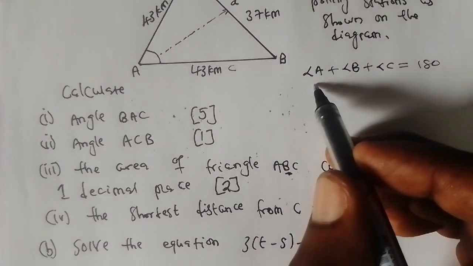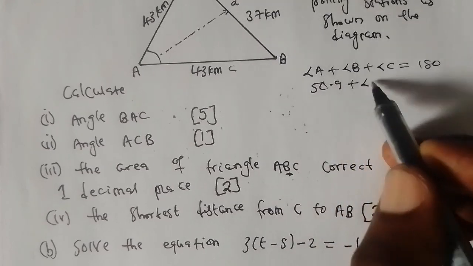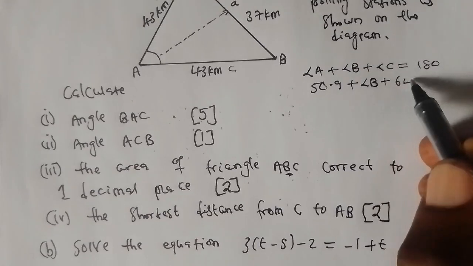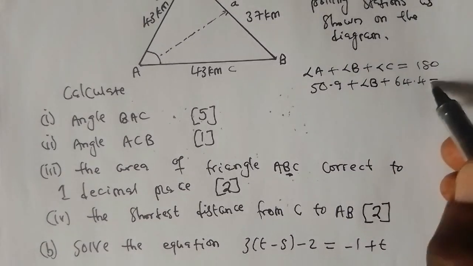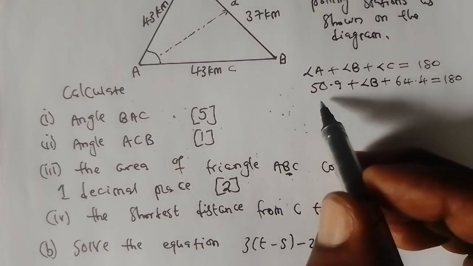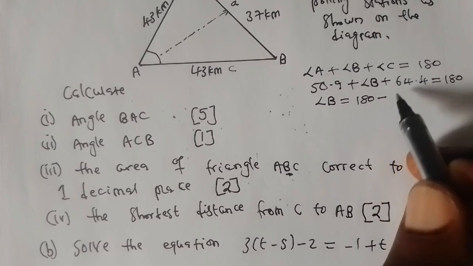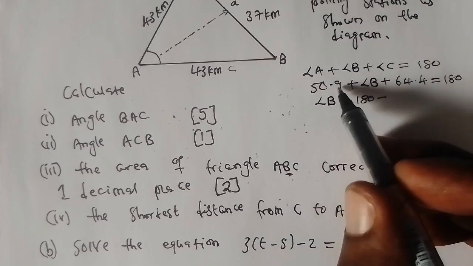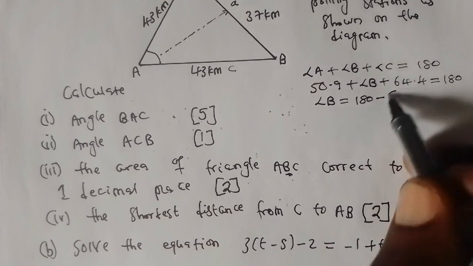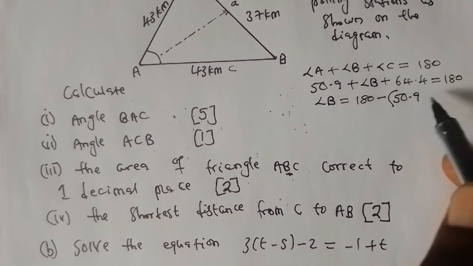We know that A is 50.9, plus B is what you are looking for, plus C is 64.4, equals 180. Then angle B equals 180 minus, then this 50.9 plus 64.4, so we take them to the other side but put them in brackets so that we add them.